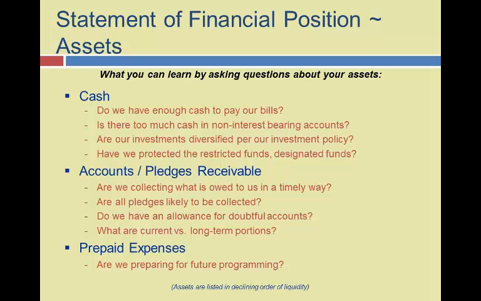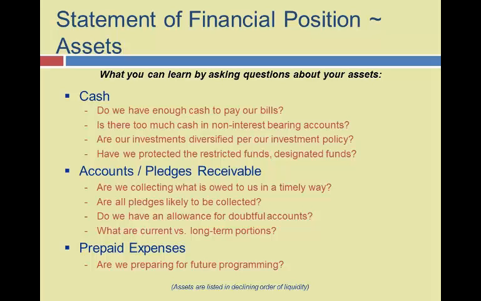Or is there too much cash in a non-interest-bearing account? Should we think about moving it to a savings account? Are our investments diversified per our investment policy? Have we protected the restricted funds and designated funds? Are they separate from our operating funds, or can we tell by looking at our report?